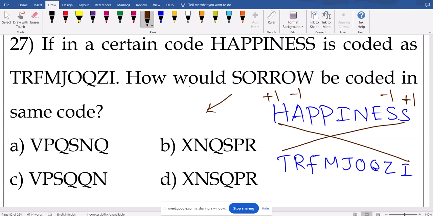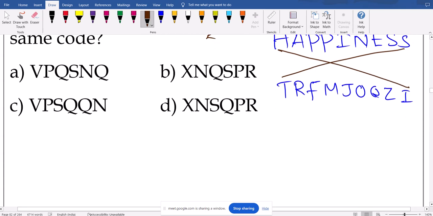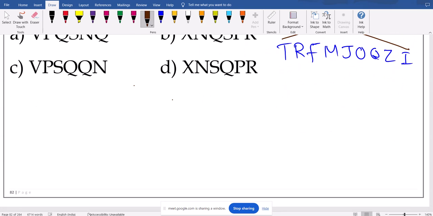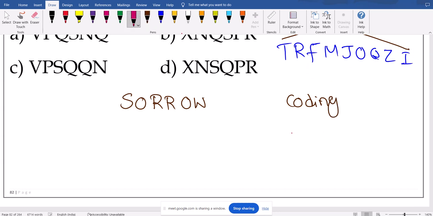Suppose you want to do decoding. If you want to do decoding, we have to do the reverse, minus 1 plus 1. While coding is plus 1 minus 1, decoding is minus 1 plus 1.